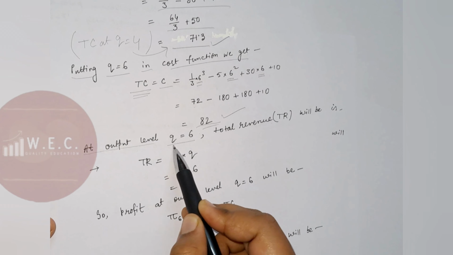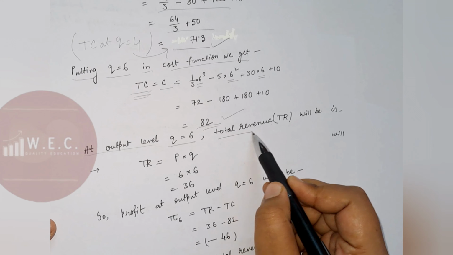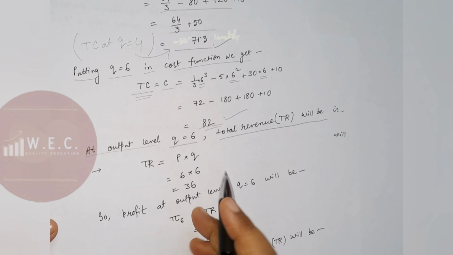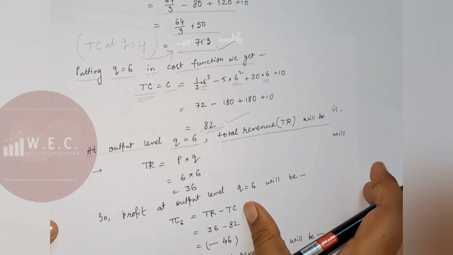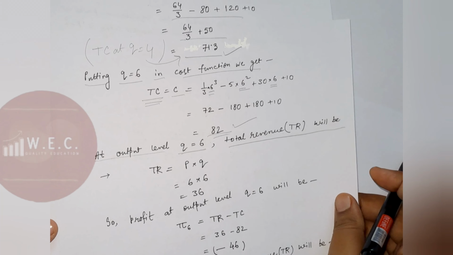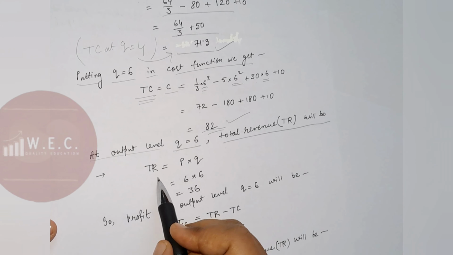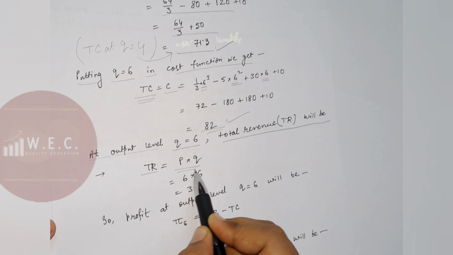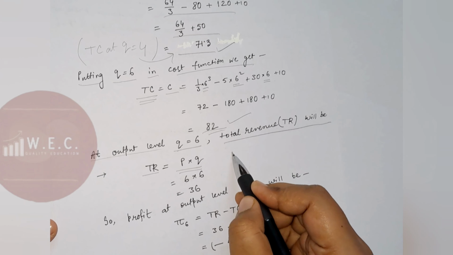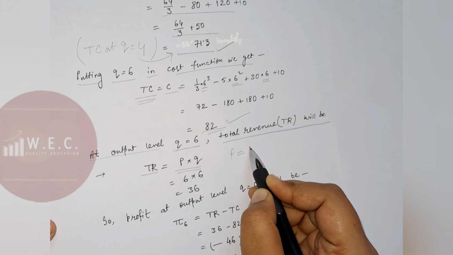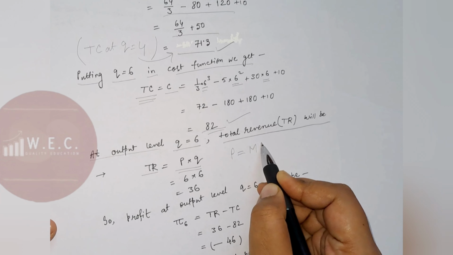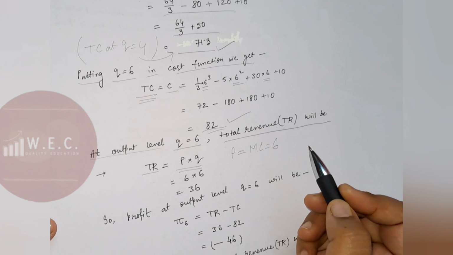At output level Q equals 6, total revenue will be P into Q. You know total revenue is calculated through the formula P into Q. The price, as already given in the question, is 6, and Q here is 6.